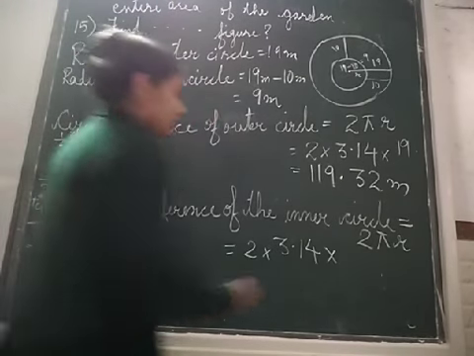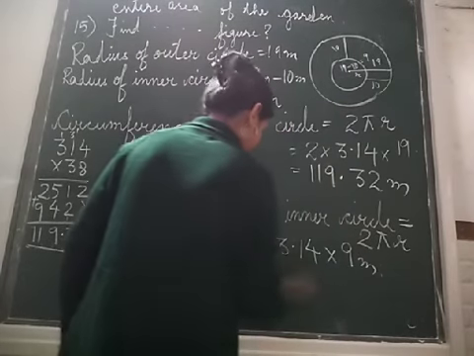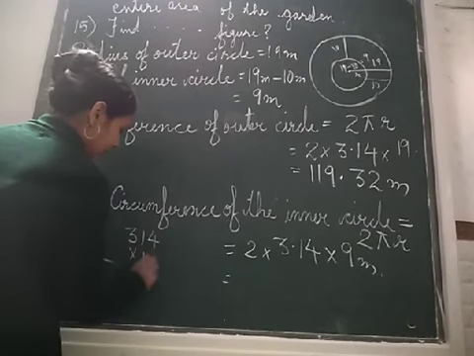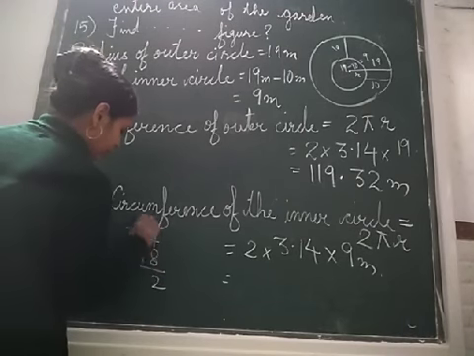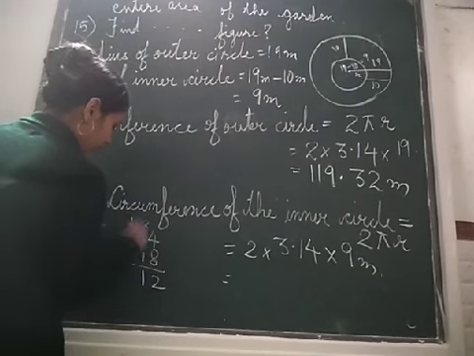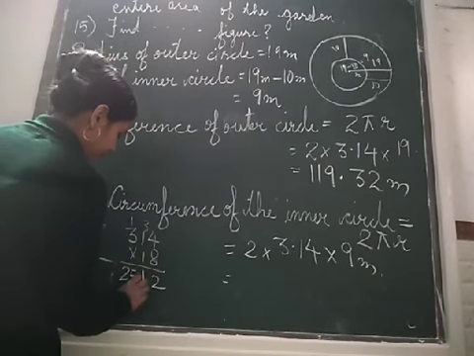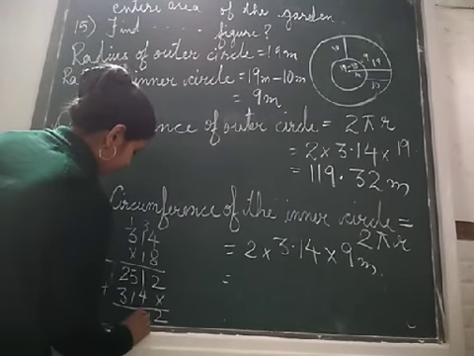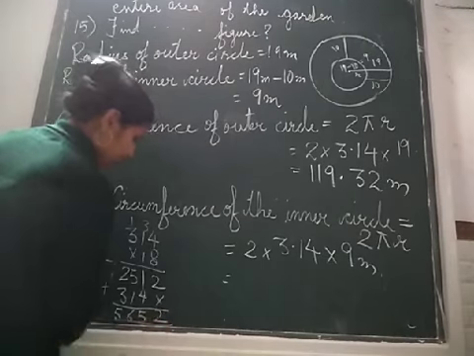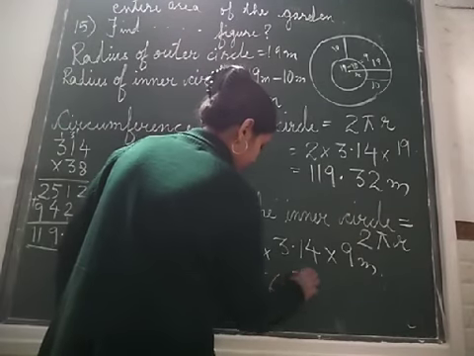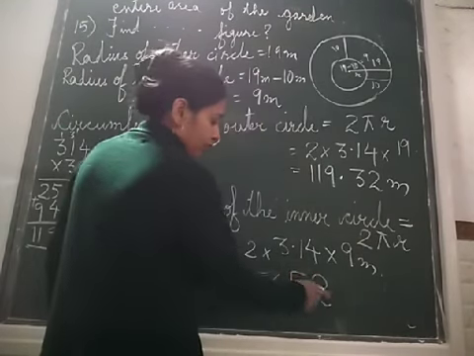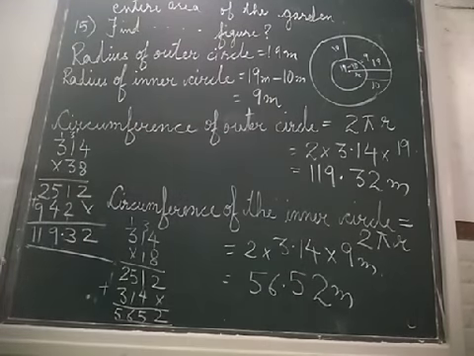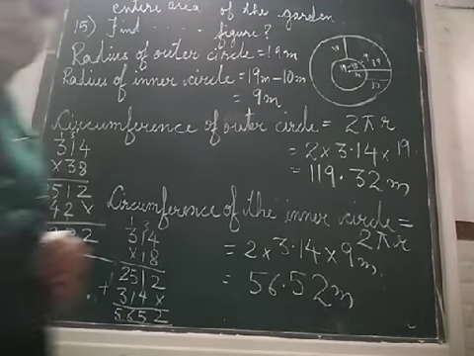The radius here is 9 meters. 2 9s are 18, so 3.14 is multiplied by 18. 8 4s are 32, 8 1s are 8, 9, 10, 11, 8 3s are 24, 25. So this completes your question number 15, children.